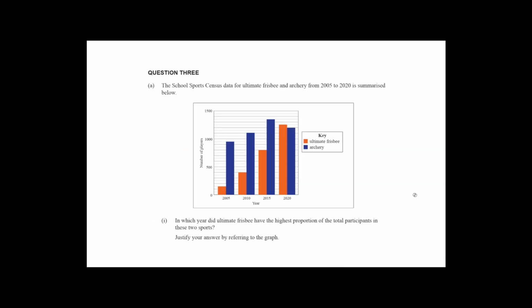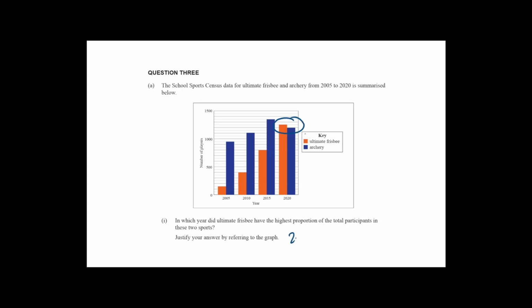All right. School sports census data for ultimate frisbee between 2005 and 2020 is summarised below. So, which year did ultimate frisbee have the highest proportion of the total participants in these two sports? Justify your answer, referring to the graph. It's obviously going to be that one.